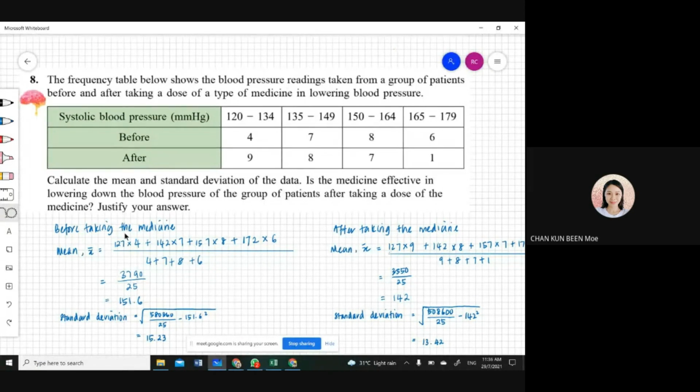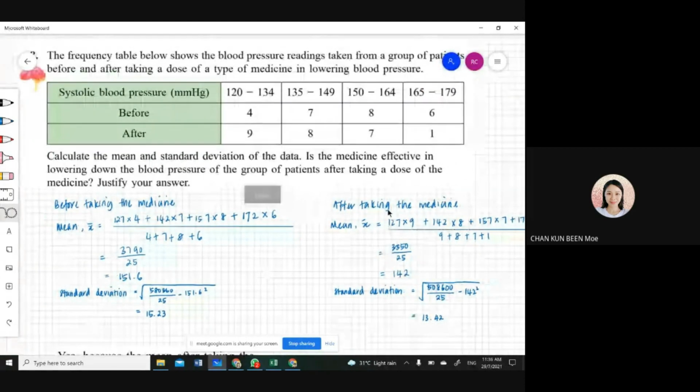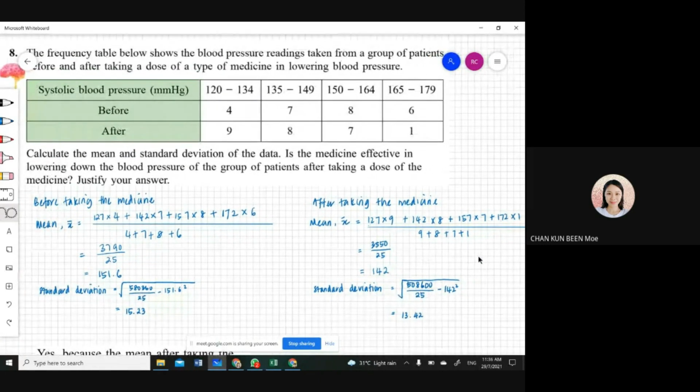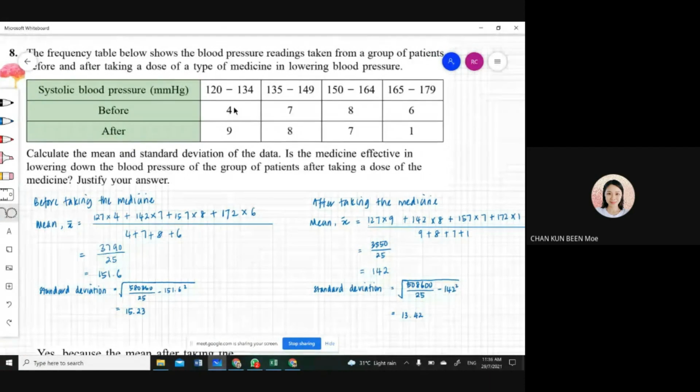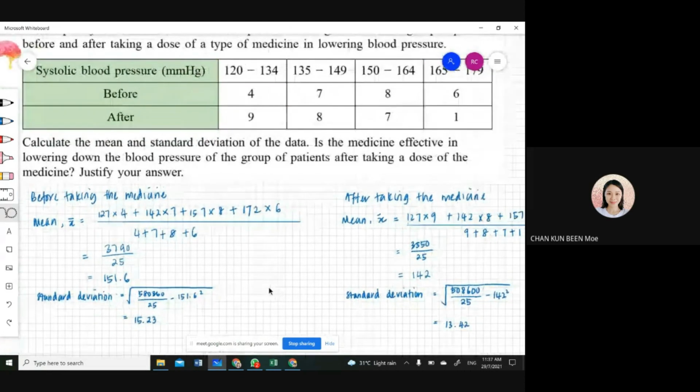So before taking the medicine, we found the mean, it is 151.6. You check your answer. And then after taking the medicine, the mean is 142. I'm sure you know how to find the mean, right? The mean is the midpoint multiplied by the frequency, and then you add up all of it like this, divide by the total frequency. After that, to find the standard deviation, that's the total of fx squared.